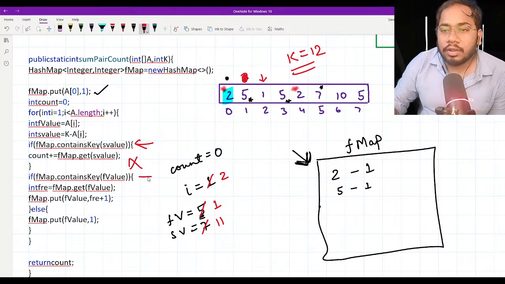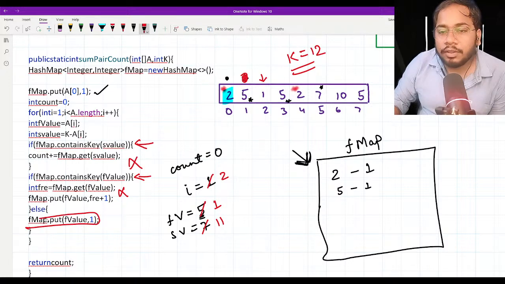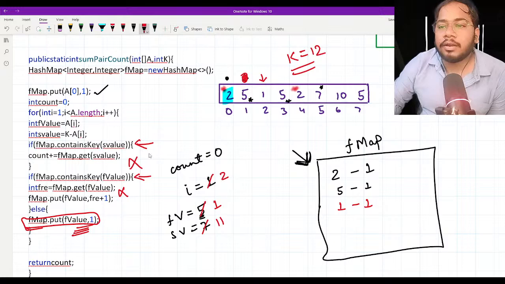Go to this if. Is the first value present? The first value is 1. No, that is not present, so this if will not work. We will go to the else and put that 1 with frequency 1. Done.